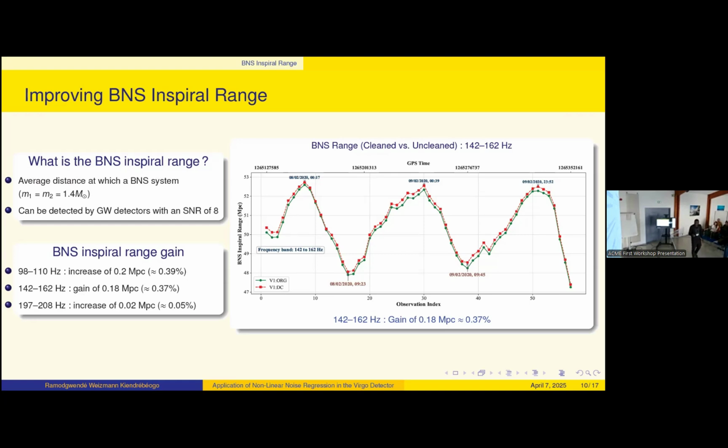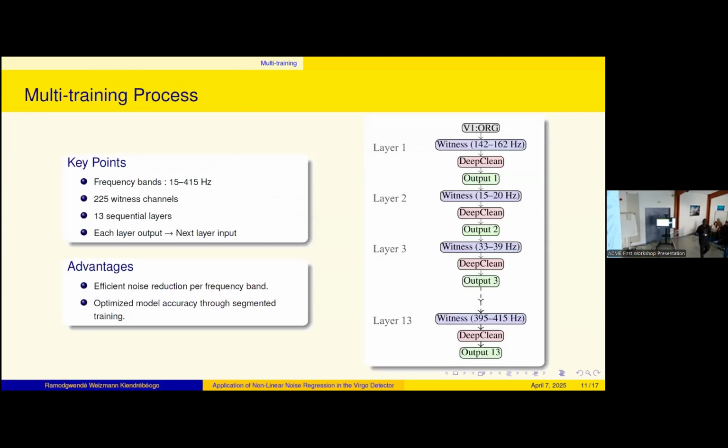For the first frequency band, we note an increase of 0.2 megaparsec. The second one 0.18, and the last one 0.02. So in general, we see that there is not a huge improvement in the BNS inspiral range for the single training. So we decided to use a multi-training process.